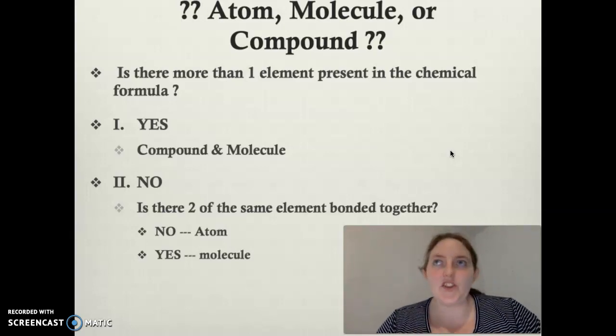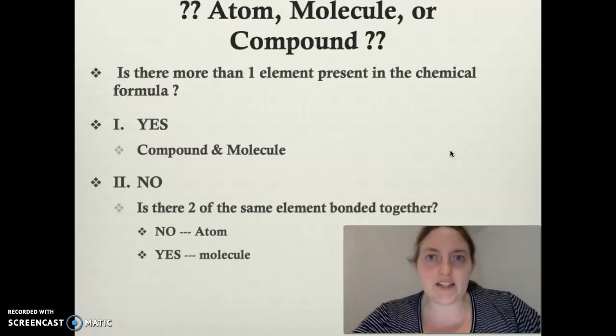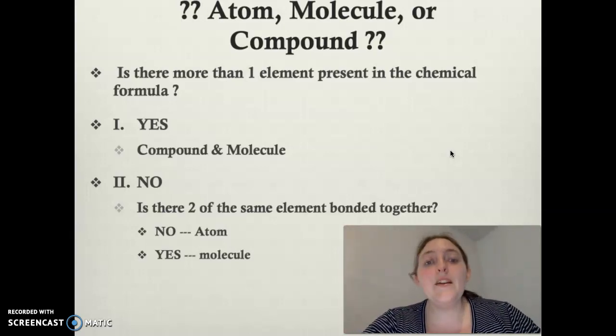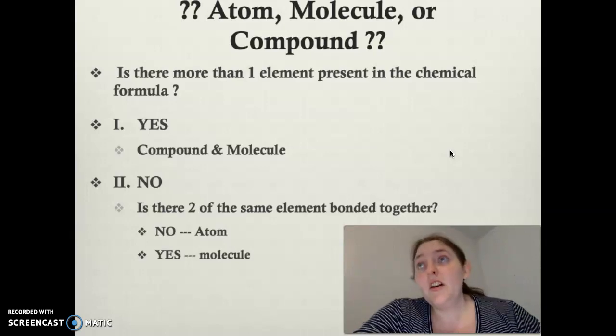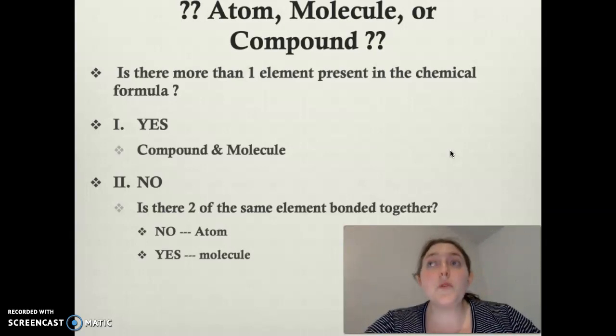One Lego in the gigantic castle fort you created as a kid. If it is yes, there's more than one hydrogen, or more than one calcium, or more than one oxygen, it's a molecule. Molecules are two or more atoms put together. Compounds are two or more elements put together.